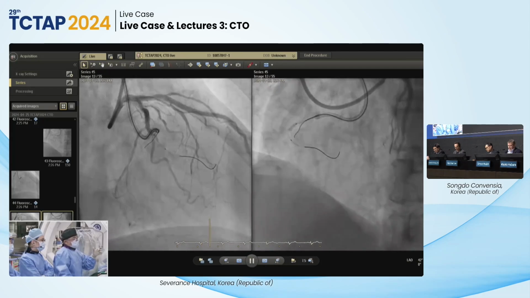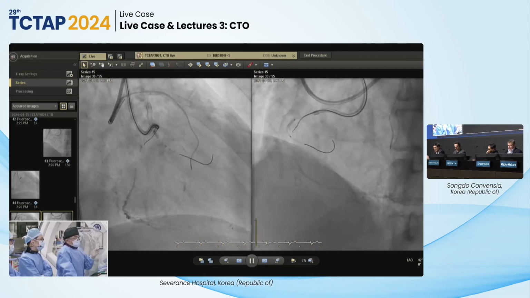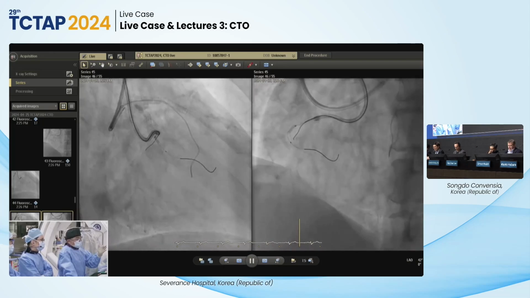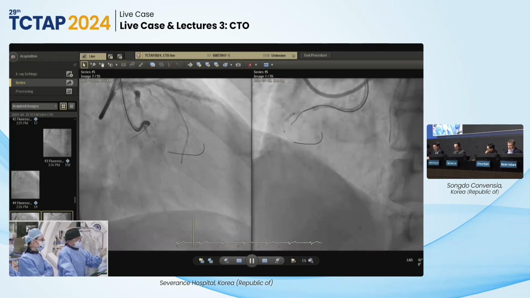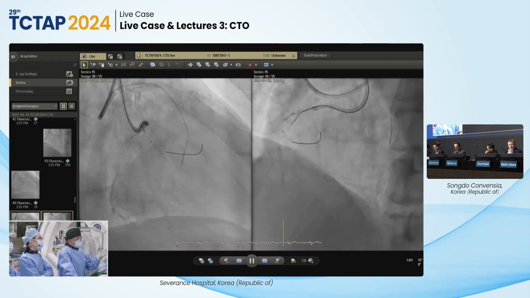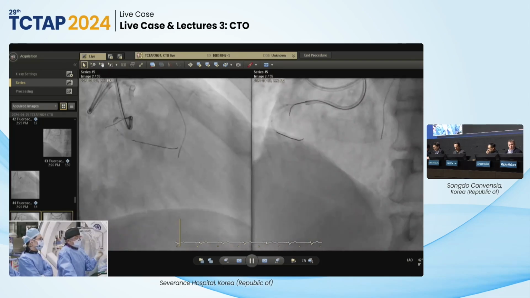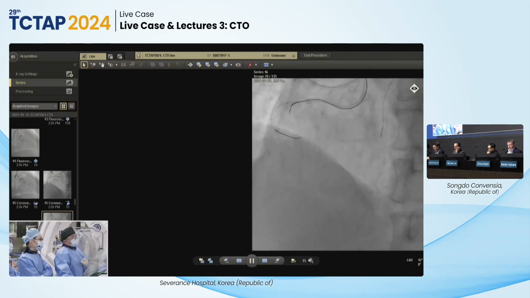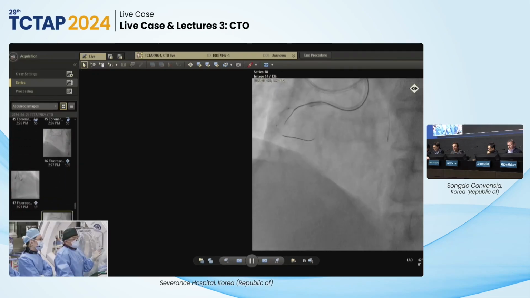So this is in the middle of the CTO. The wire position is a little bit downward, but anyway, there is still a chance to go to the true lumen tracking. So it's okay.